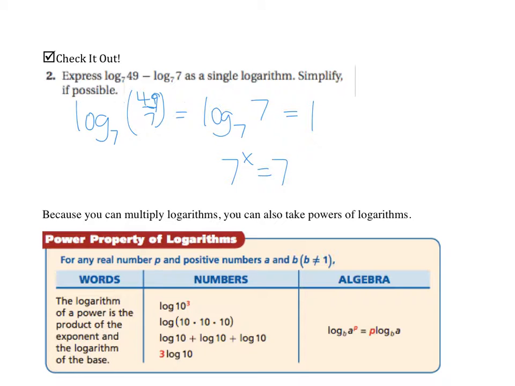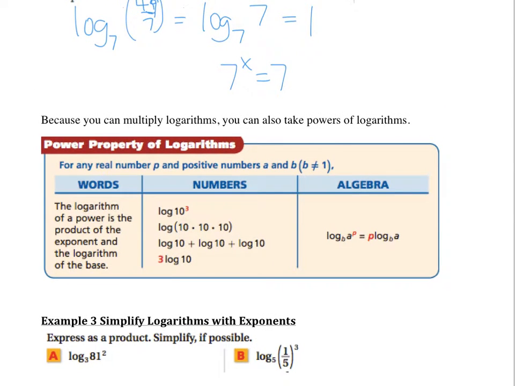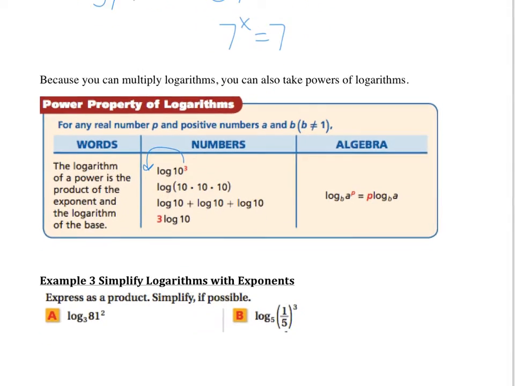Since we can multiply logarithms, we can also take powers of logarithms. So this is a little bit different than our power to a power with exponentials. When I have a log that's raised to a power, that power comes out front as a multiplier, and then I can simplify the log.